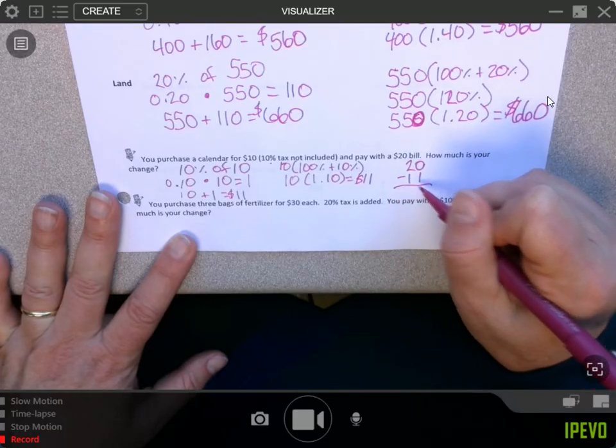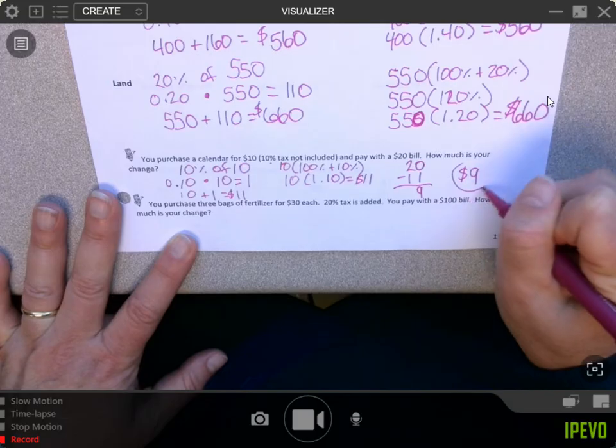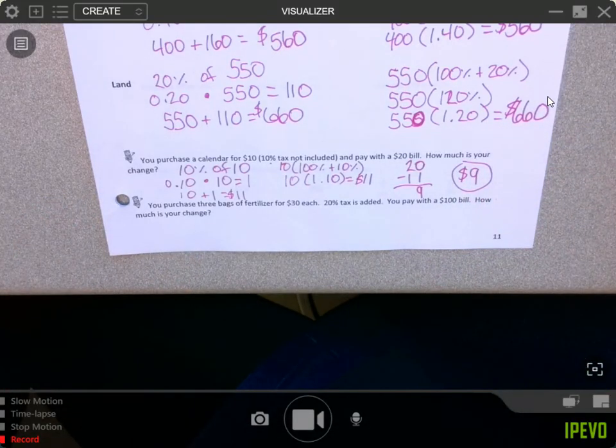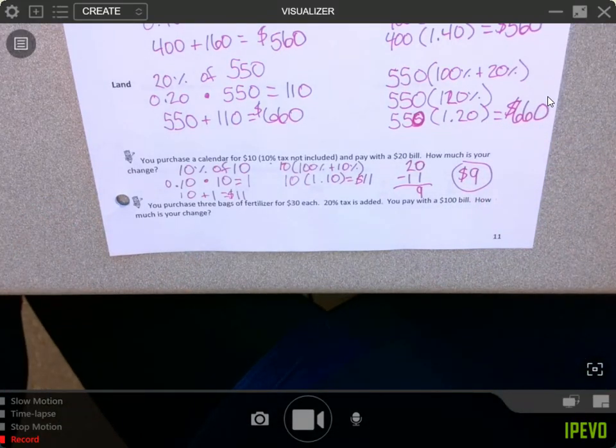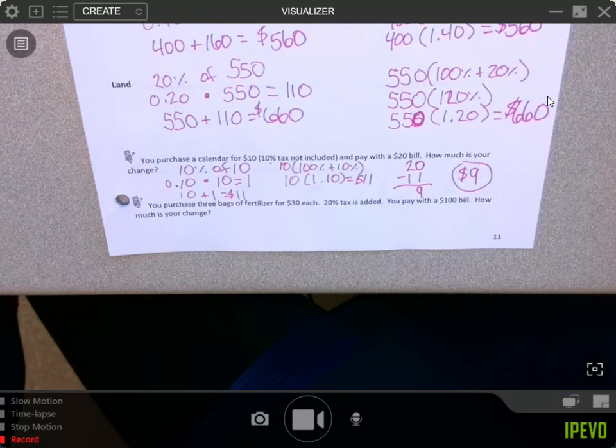I subtract out how much it costs, and I know that I get $9 in change. So we always have to make sure that we're answering the question being asked. This one didn't stop at how much is the calendar going to cost with the tax. We had to go that extra step.